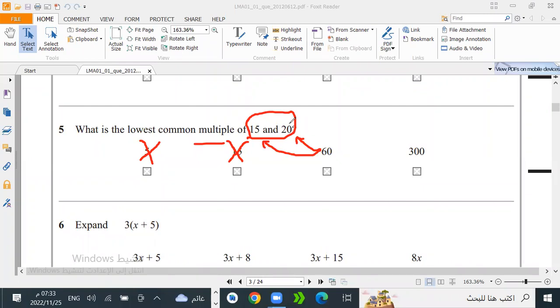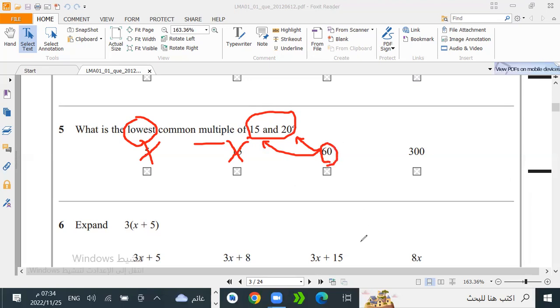Yes, Maya. What if 300 also gives us 15 and 20? If the division of 300 is good too, he wants the lowest. Though 60 can be divided by 20 and 15, and 300 can be divided by 20 and 15, both of them are good, but 60 is the lowest.